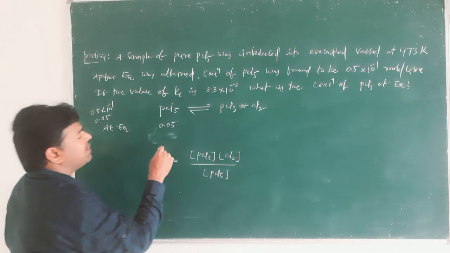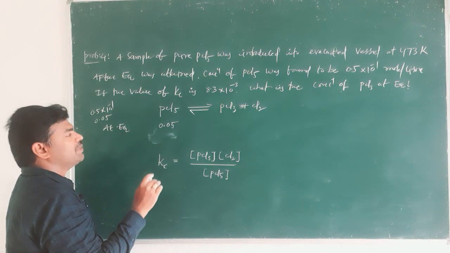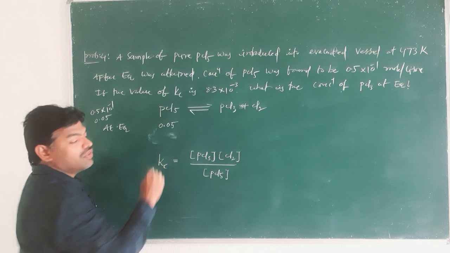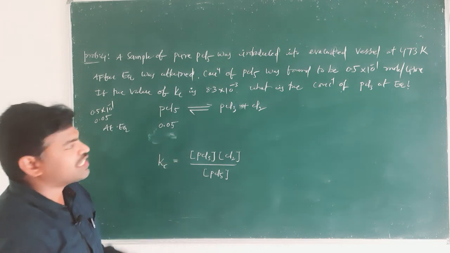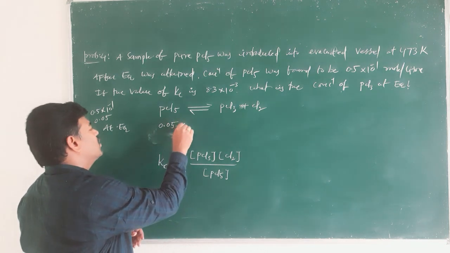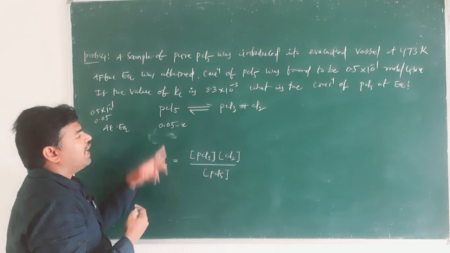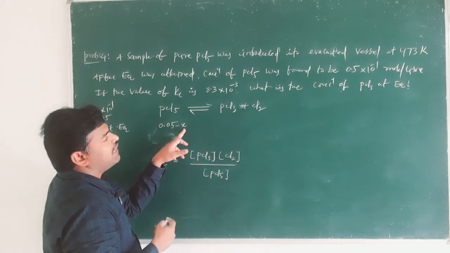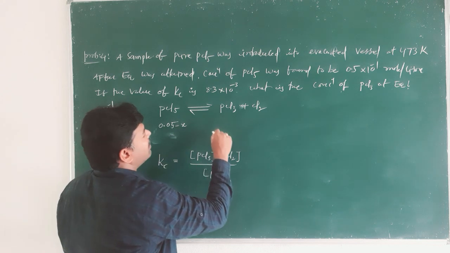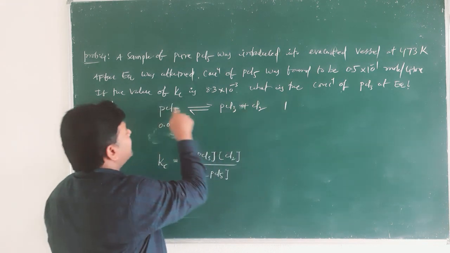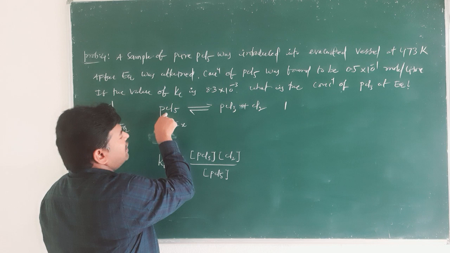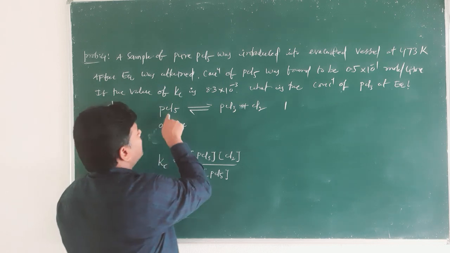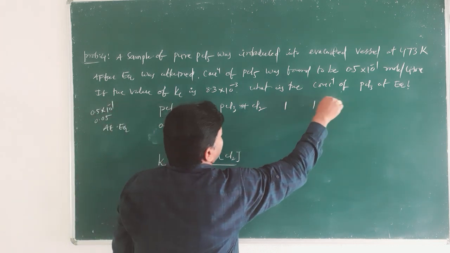So during the establishment of equilibrium, x moles dissociated, and how many moles of PCl3 formed? A simple technique is to take the stoichiometric coefficients: PCl5 is 1, PCl3 is 1, Cl2 is 1.